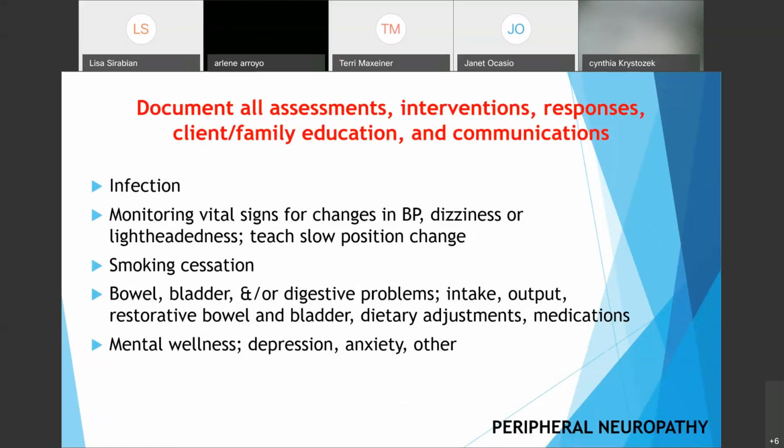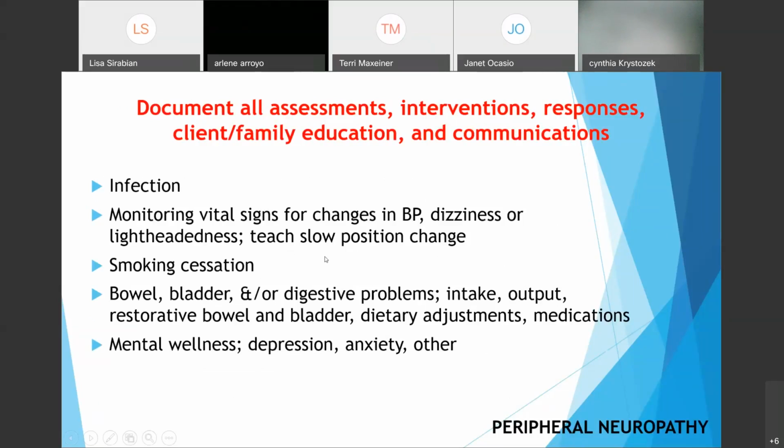Infection prevention is important. Monitoring vital signs and changes in blood pressure, so dizziness, lightheadedness. Education here for slow position change. Stop smoking, bowel bladder digestive issues, and mental wellness, depression, anxiety, and other.